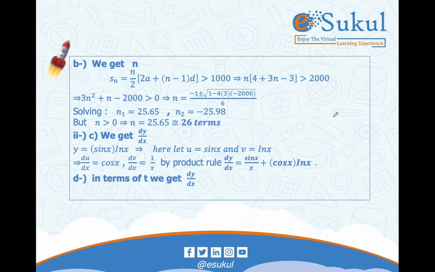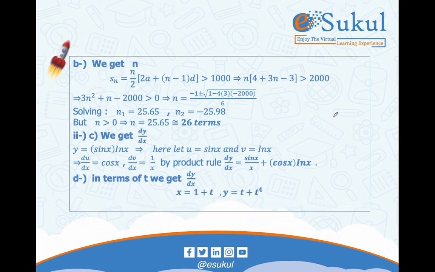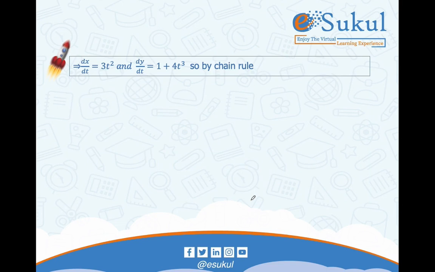In D, we have parametric differentiation, where you have to get dy dx. So given the parametric curve x and y, that's depending on t. So in that case, our dy dx can be gotten from the chain rule, which is dy dx, giving us dy on dt times dt on dx.